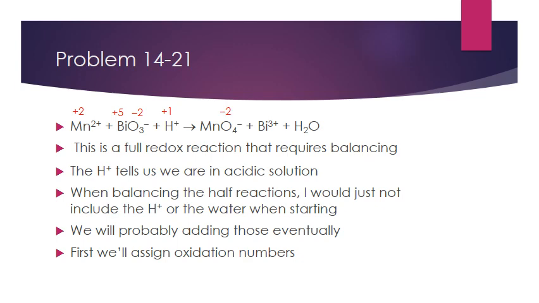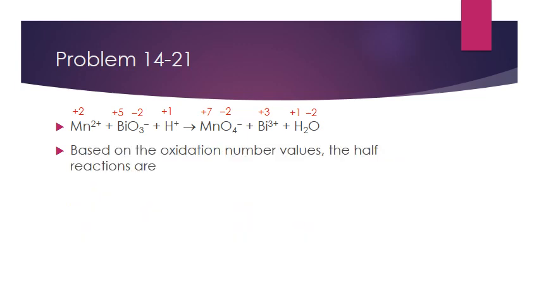For the permanganate, oxygen -2, manganese +7. Bismuth 3+ is +3. Oxygen -2, hydrogen +1. Based on the oxidation numbers, our half reactions are manganese 2+ going to the permanganate and the bismuthate going to bismuth 3+.